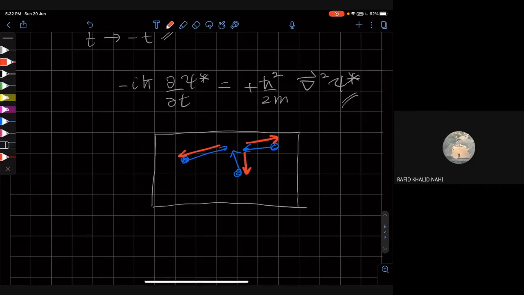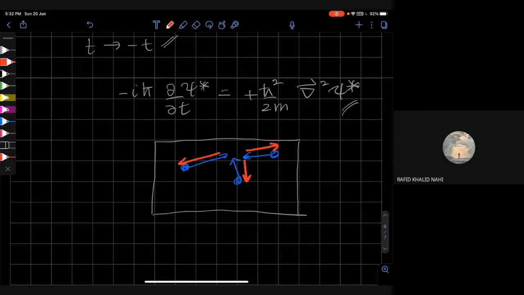What this is saying is that the Schrodinger equation describes both the forward-going movie as well as the backward-going movie, where for the backward-going movie, the wave function is given by the complex conjugate.